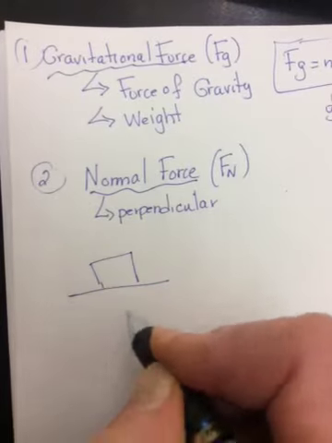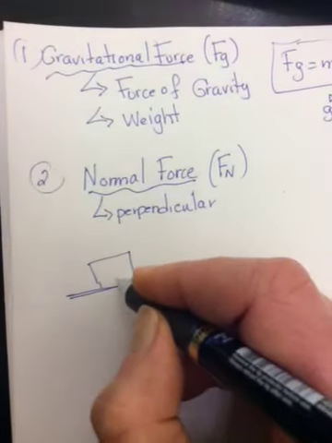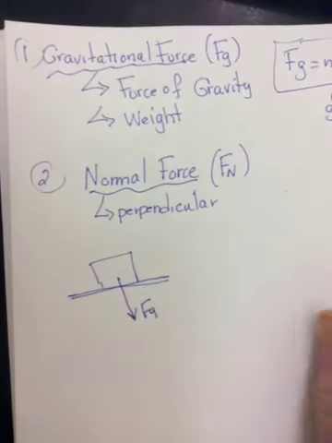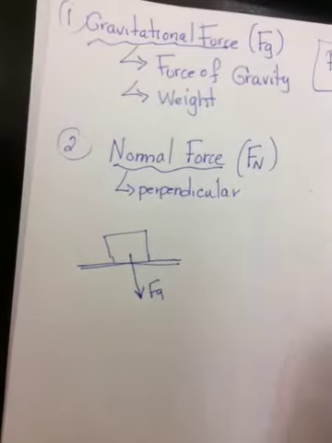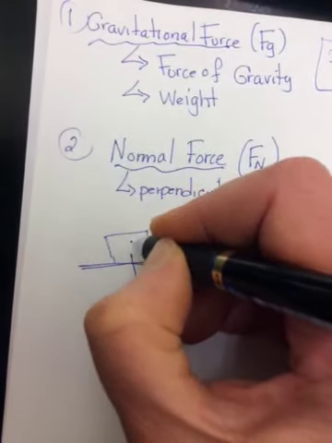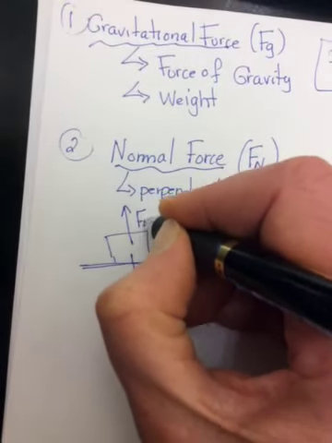So if I have a box sitting on a flat surface, if you could imagine that's flat, then the normal force, so the gravity always acts down. Wait, I'll tilt the paper and then it'll look flat. Gravity always acts down because towards the center of the Earth, and the normal force always acts perpendicular to the surfaces.